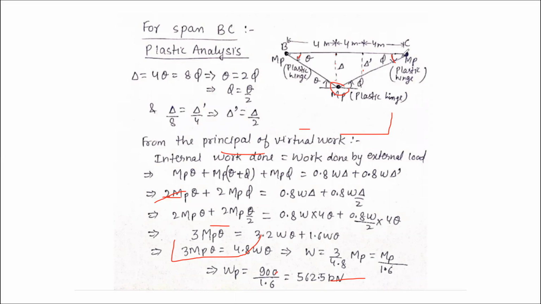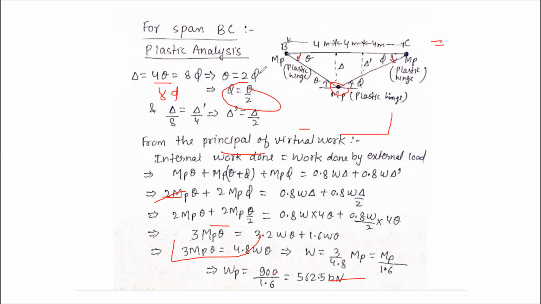Since symmetrical itong dalawang to, equal yung dalawa. And this is the distance, 4 meter, 4 meter, 4 meter. Then delta is equal to 4 theta is equal to 8 theta is equal to 2D. So, paano naging 2D yan? Simple lang. 8, yan naging 2.